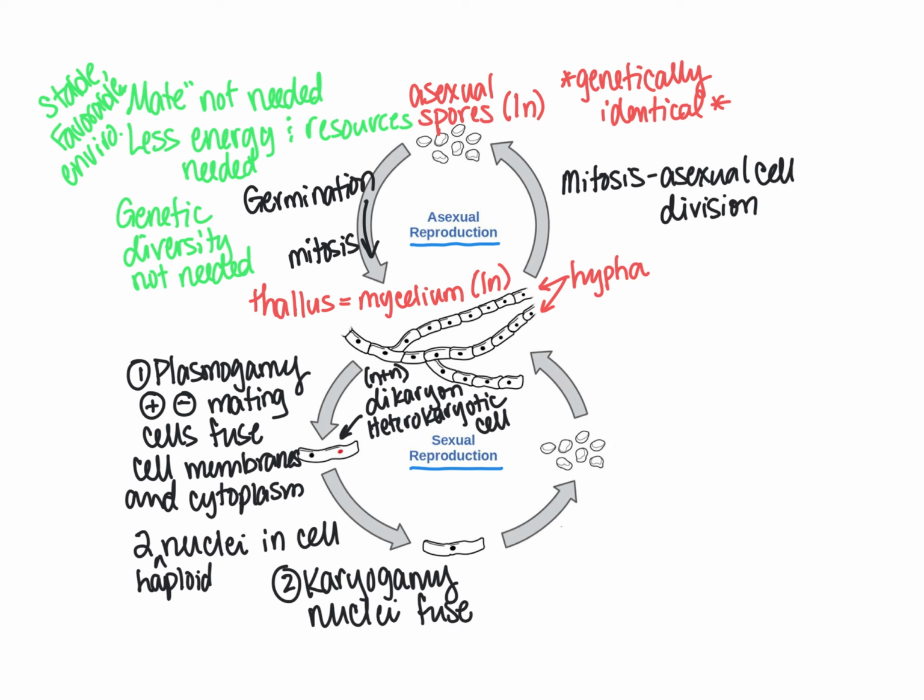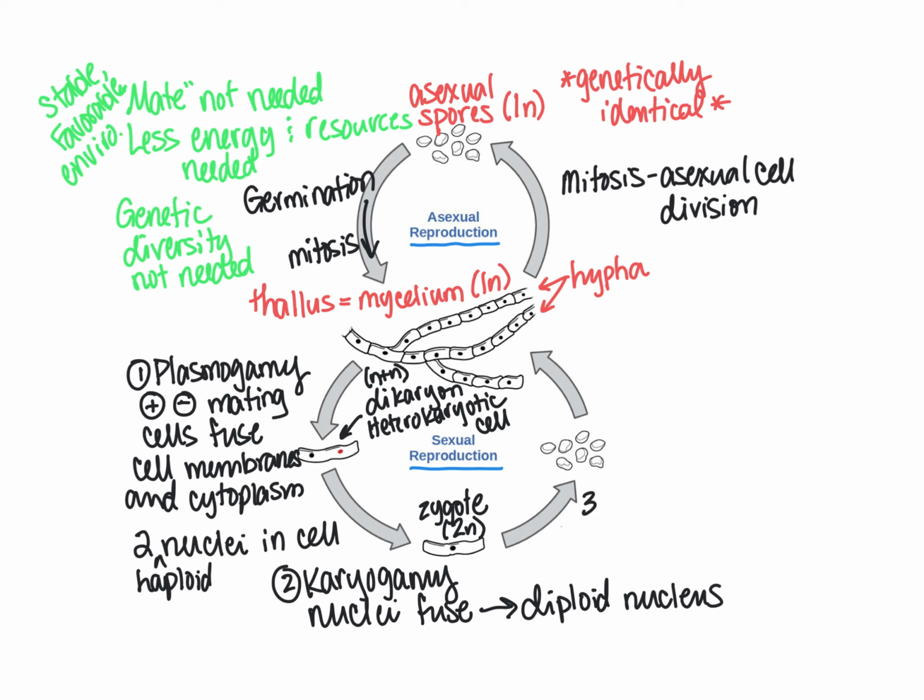So you have the two haploid nuclei fuse in order to form a diploid nucleus. And this forms a cell called a zygote. And we represent the zygote as 2N because now we have two sets of chromosomes in this one nucleus instead of having two nuclei with a haploid number of chromosomes.